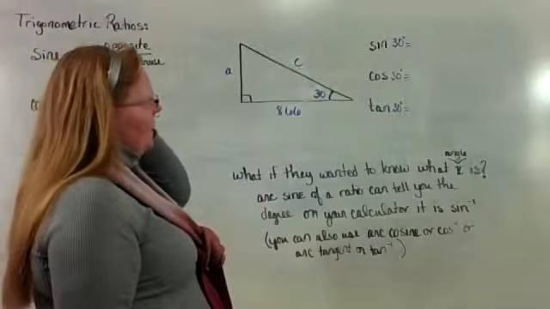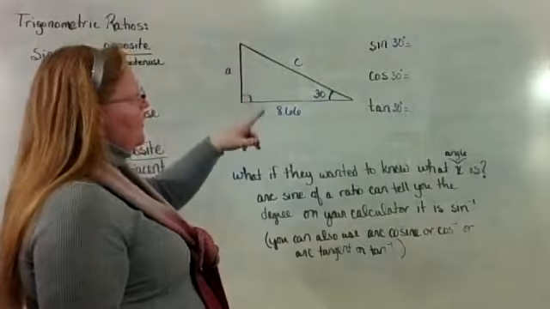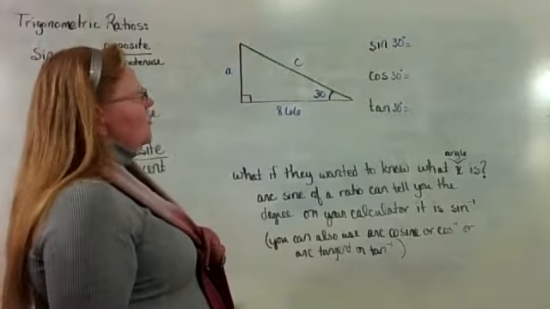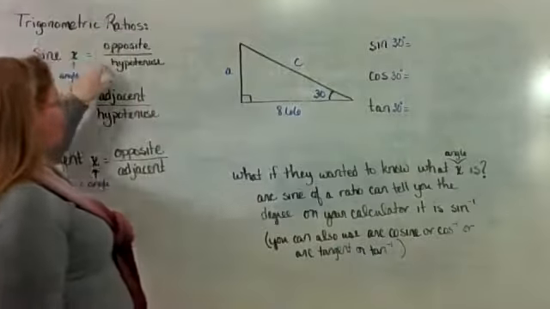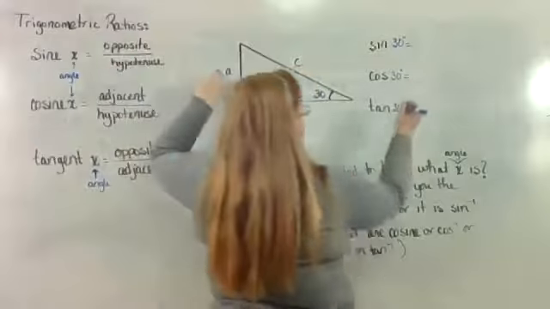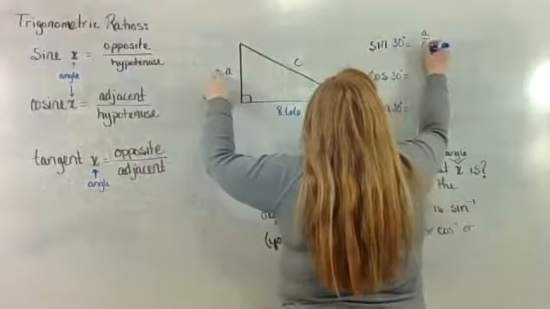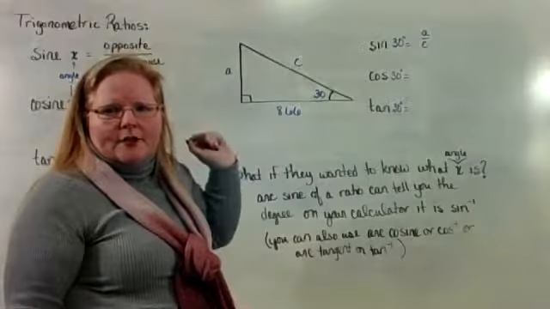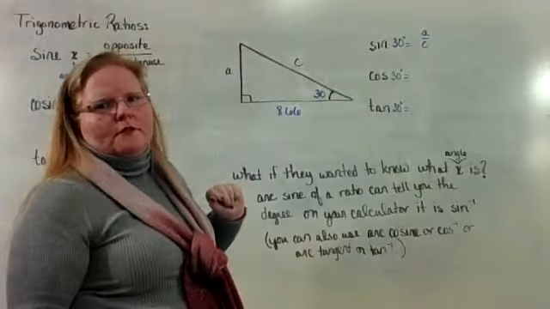So I'm going to call this A, B, and C for lack of better names right now. For sine of 30, which sides is that really talking about? Well, sine is opposite over hypotenuse, so that's going to be A over C. That's not going to help me right now because I don't know what A and C are. We'll move on.